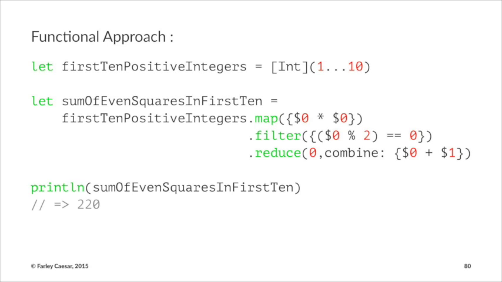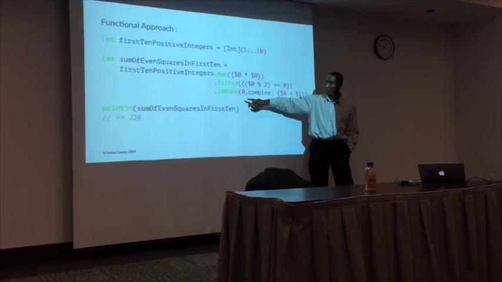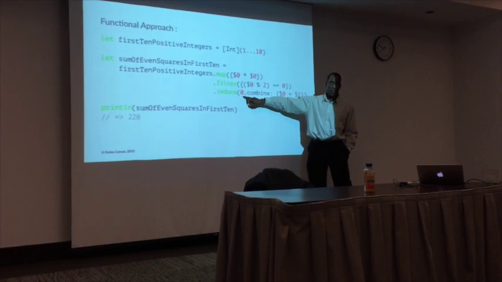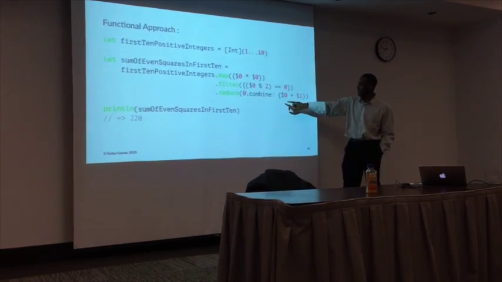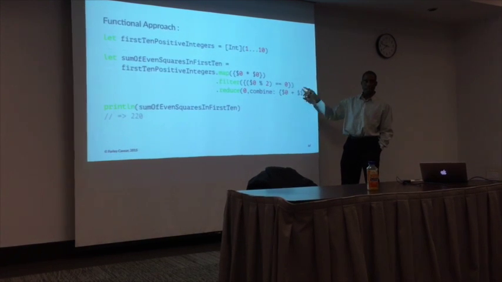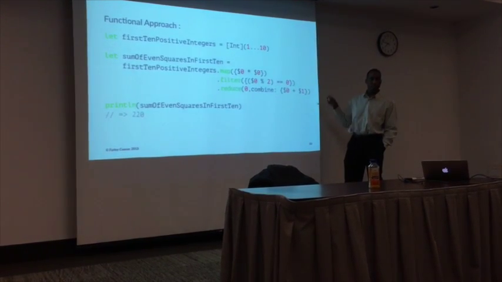This is a little bit of an interesting structure, but what it says is that I'm going to reduce this thing, and the policy for reduction is: start with the value of 0, and then combine it by taking the first thing you get and adding it to the next thing, and keep doing that until you're done.